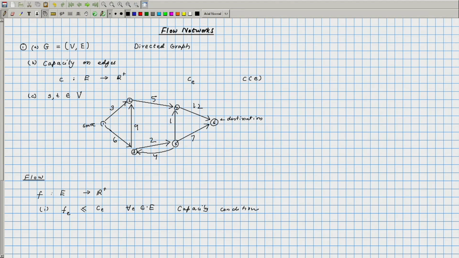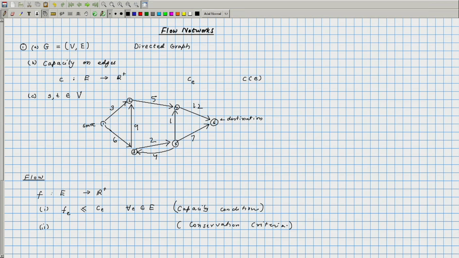The maximum amount of flow that can be routed through any particular edge is bounded by the capacity of that particular edge. The second condition is the conservation criterion, which says that the amount of flow that comes into an internal node should be equal to the amount of flow that leaves that particular node.